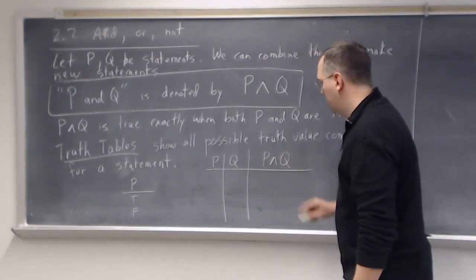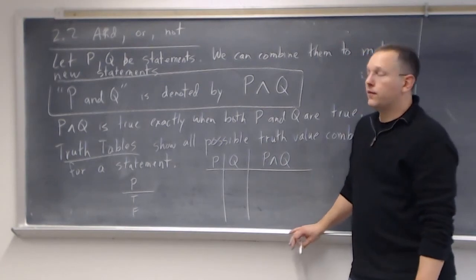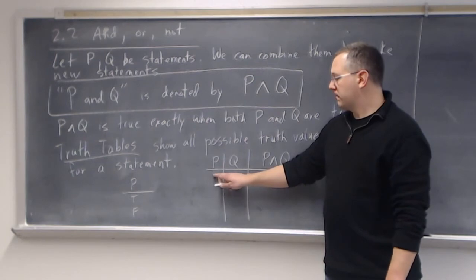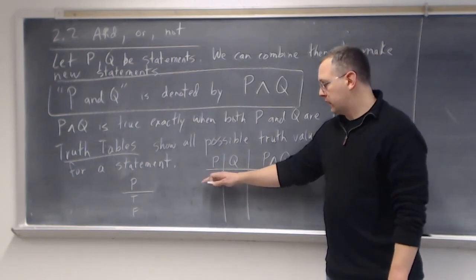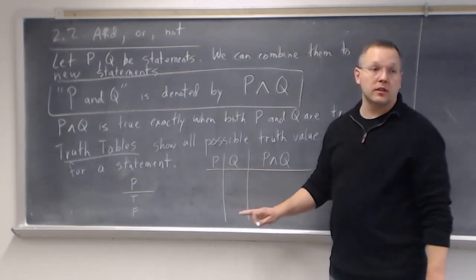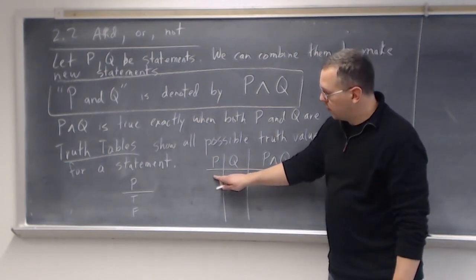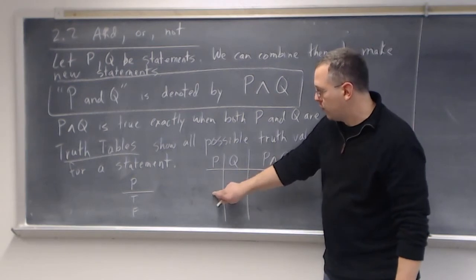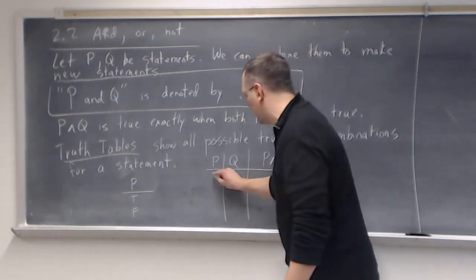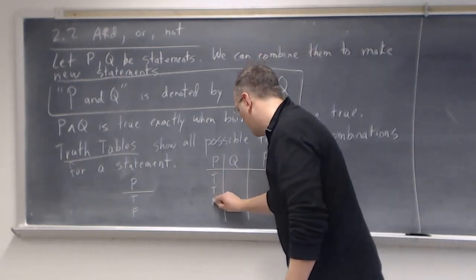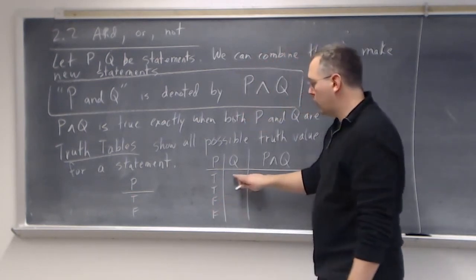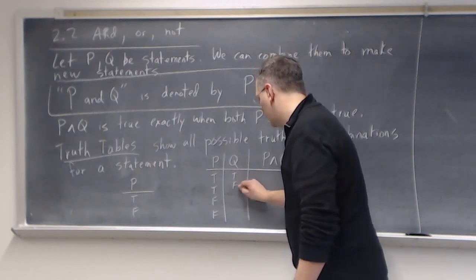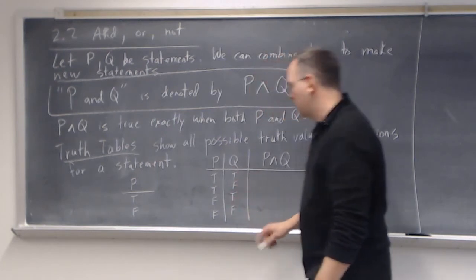Now I'm going to follow the book's notation, so that all of our truth diagrams look the same. I'm going to use the pattern the book uses with two statements: true, true, false, false for the first column, and then alternate true, false for the second column.